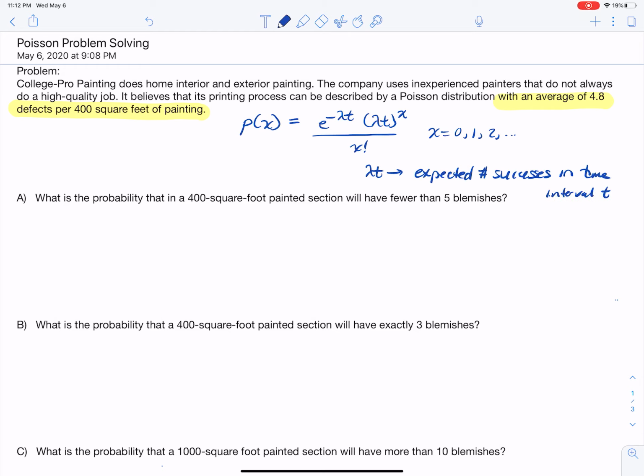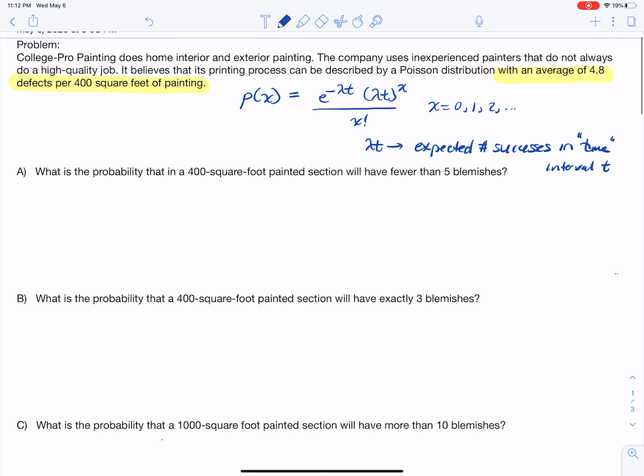Now, time is, of course, a loose term here. It could be, like I said before, space, distance, whatever. So, let's look at solving some probabilities. And what I'm going to do is introduce you to some Excel functions. That way, it's a little bit easier. Because otherwise, we'll be here for a long time calculating probability calculations.